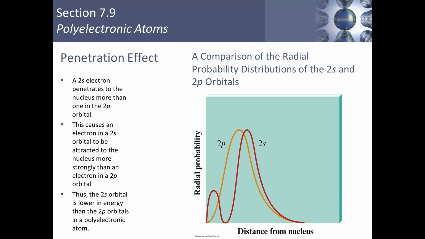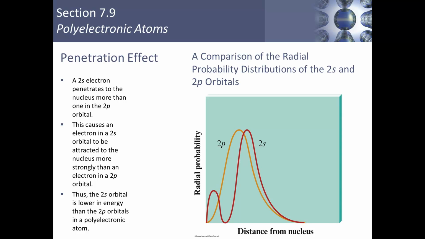Overall, the 2p orbital seems to have a probability curve closer to the nucleus, but the small area of probability which is very close to the nucleus for the 2s orbital is very significant. The 2s electron is said to penetrate to the nucleus more than a 2p electron can.